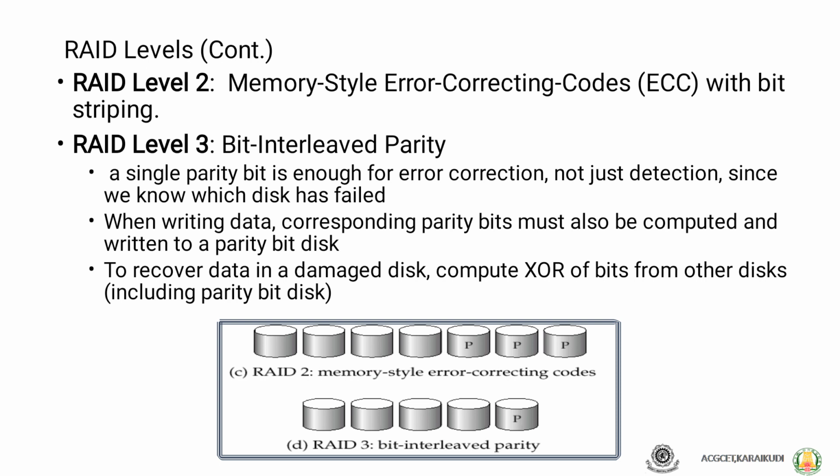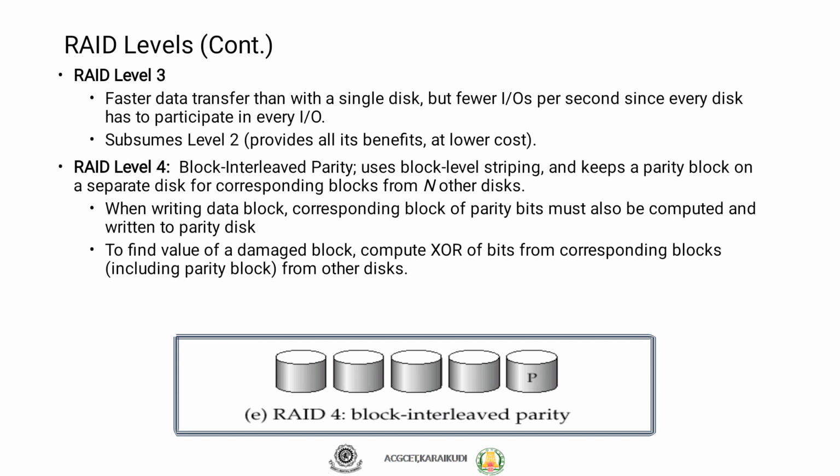Next, RAID 4, RAID level 4, that is block interleaved parity. In this level, it consists of block level data striping across two or more independent disks and a dedicated parity disk.